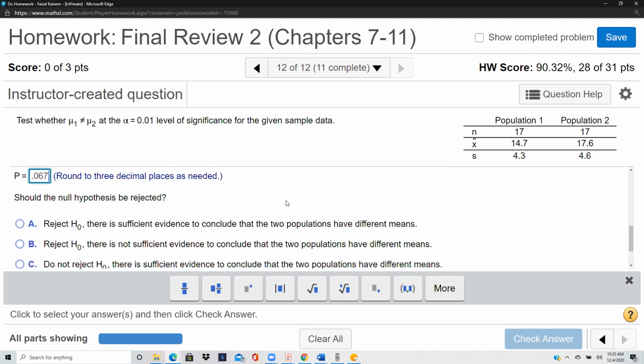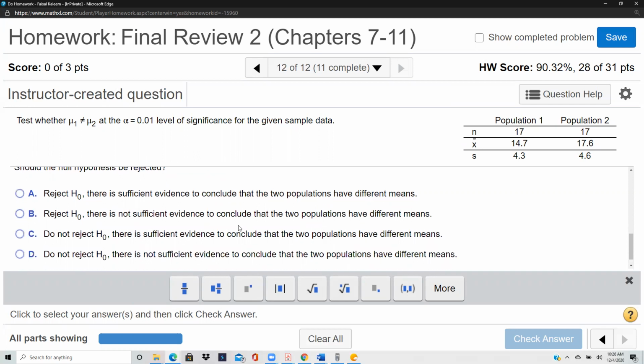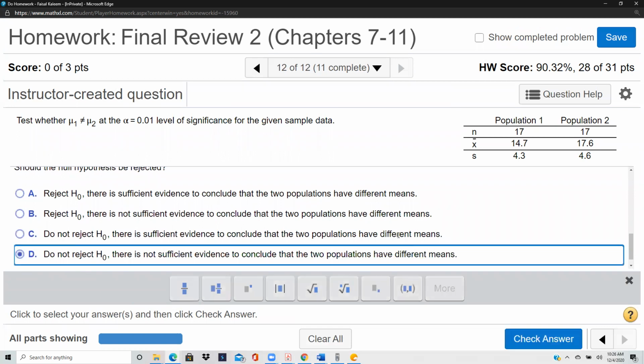Let's see. So the p-value is greater, so we do not reject it because there's no evidence. So which choice is it? D. Yeah, it is D.